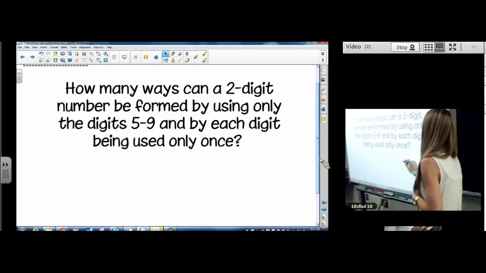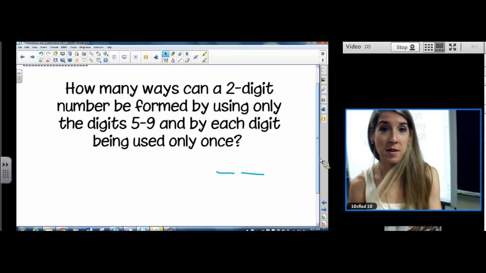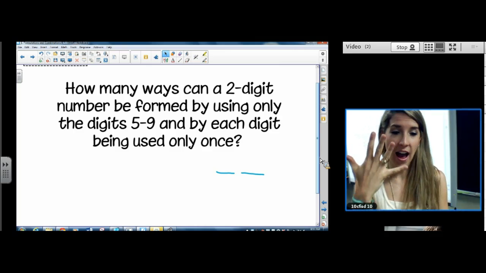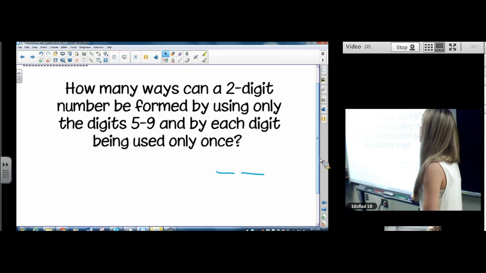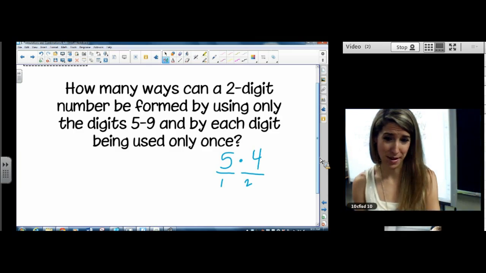So it's a 2-digit number, but I can only use the digits 5 through 9. So how many is that? 5, 6, 7, 8, 9. So there's 5 choices. Each digit can be used only once. So 5 choices for slot number 1, and then 4 choices for slot number 2. And you simply multiply them.